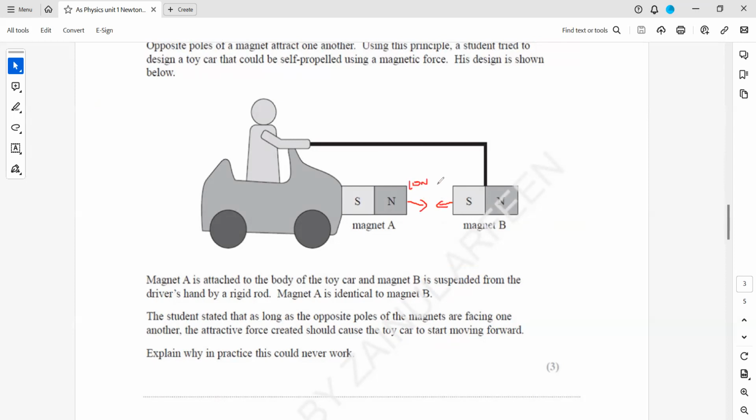Say this was 10 Newton, this will also be 10 Newton. But magnet B, a person is holding this magnet B. So as a result, what will happen? This whole person along with the car will experience a backward force of 10 Newton.